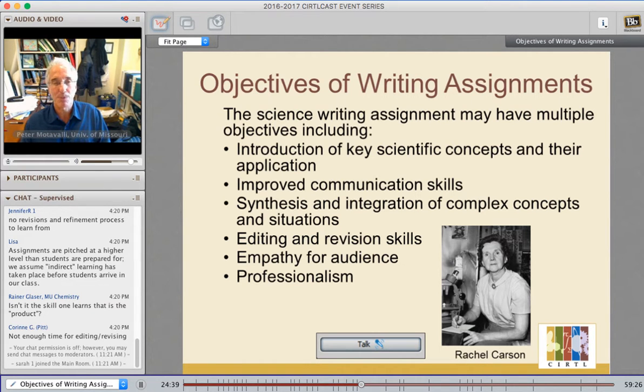So I often put that in there as well. So anyone have any comments about this objectives of writing assignments? Are there other objectives that you see that are really important that I possibly left out?